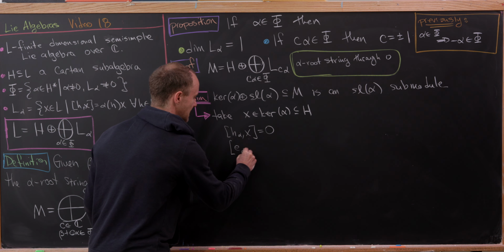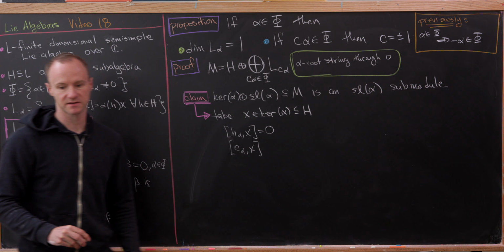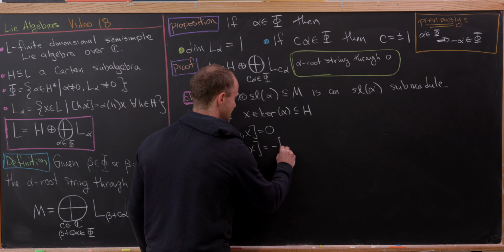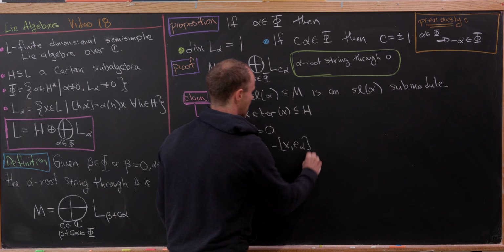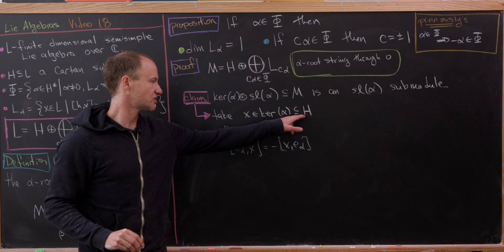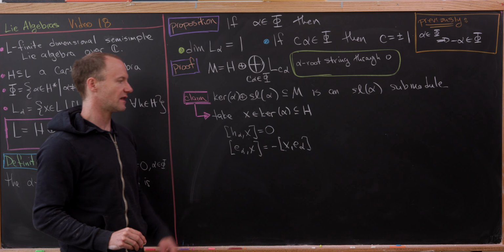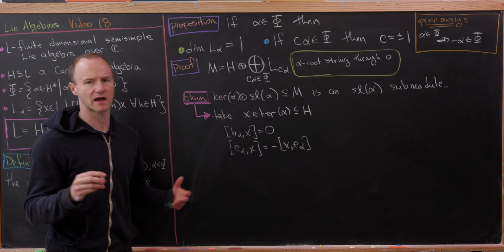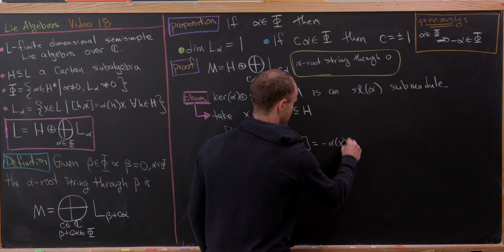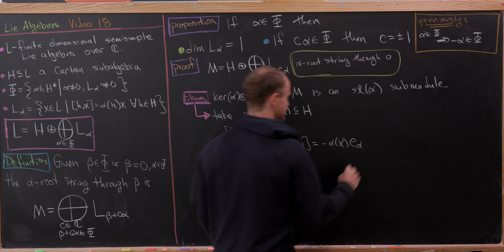Now let's look at E alpha with x. Notice for E alpha with x, we can write that as minus the bracket of x with E alpha. But then x is inside of H, E alpha is inside of L alpha, so we can use that root space behavior to give us minus alpha of x times E alpha.